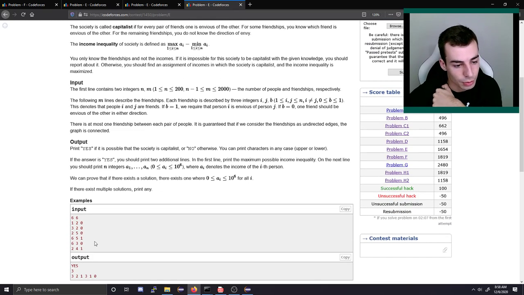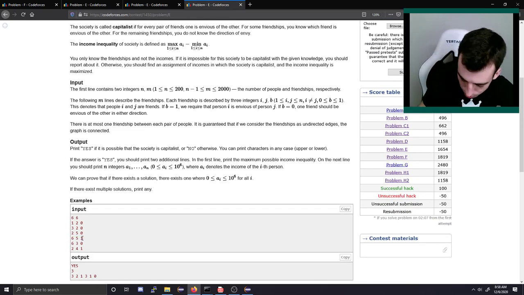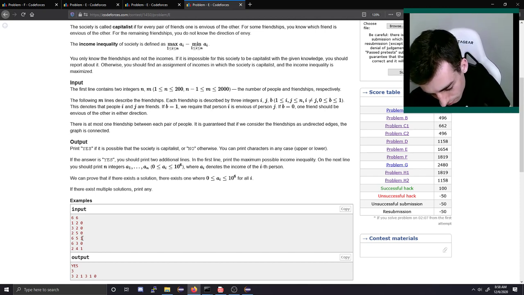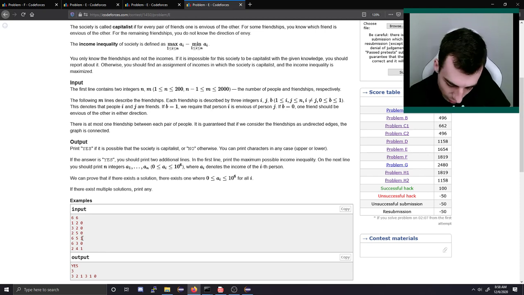In the sample we had 6 to 5 were forced. So this one is forced. And 2 to 4 is also forced. So yeah, we could increment this 3 if we wanted to.